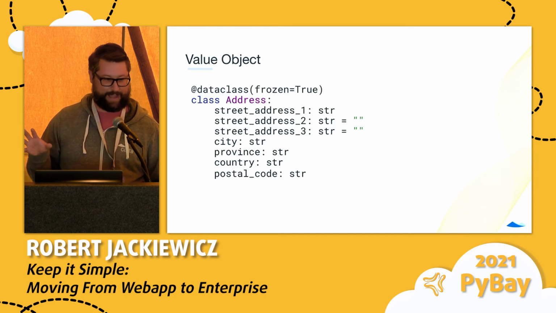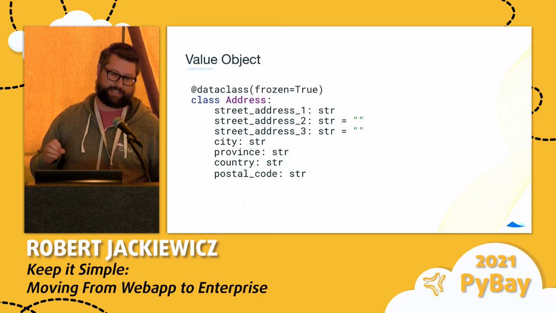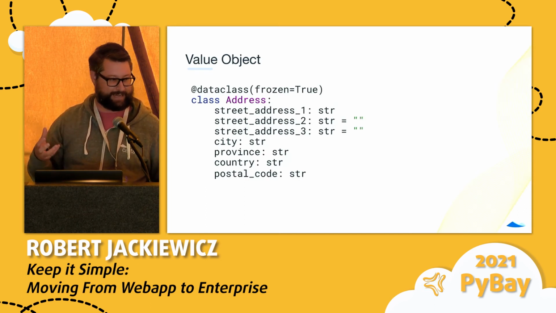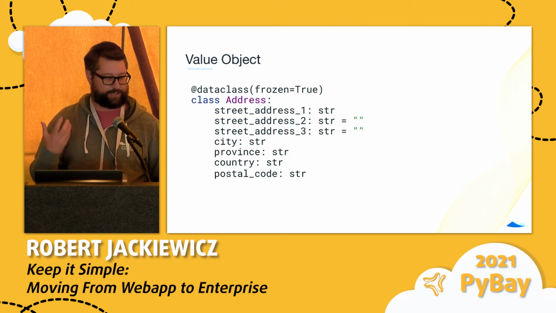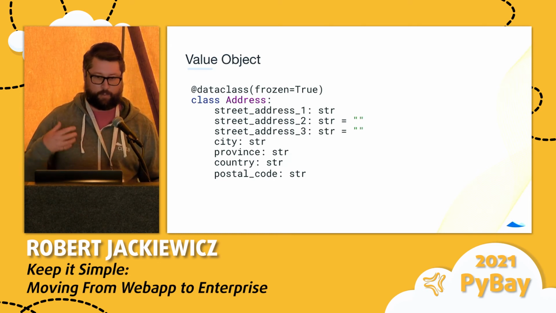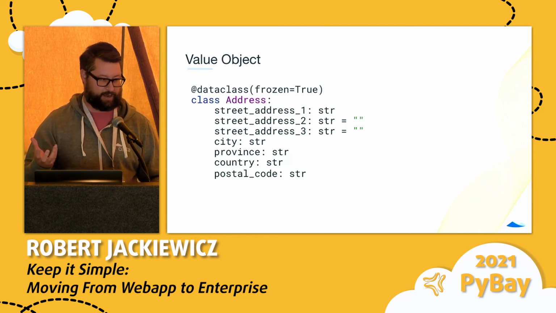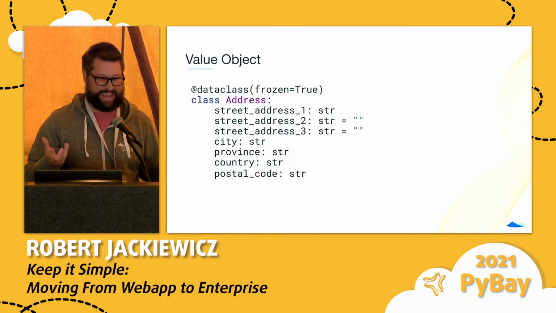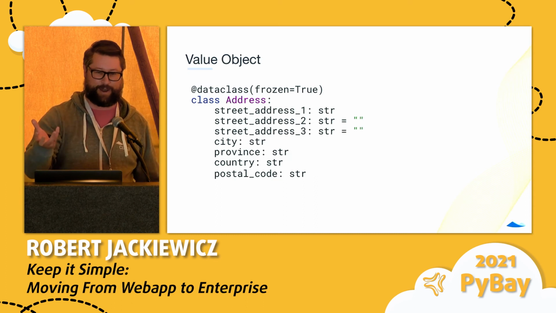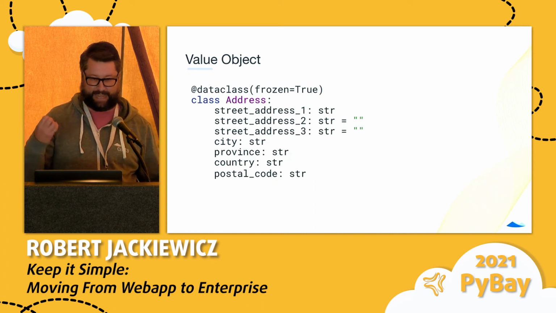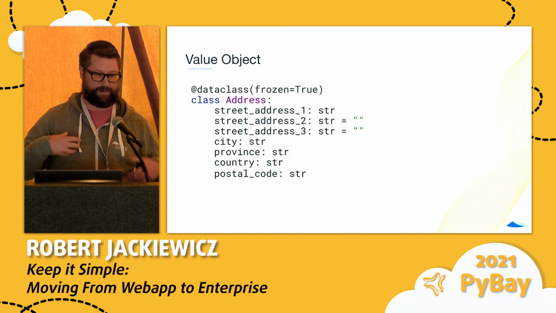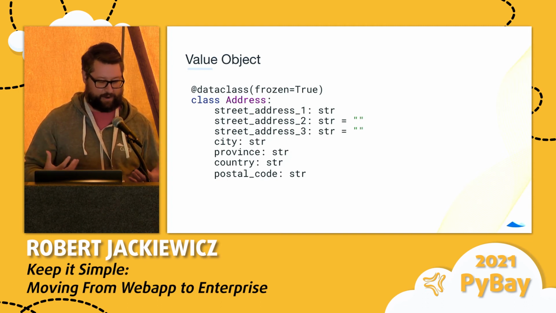So first, we have value objects. Wouldn't it be nice if we just use very simple data types to actually do attributes on our objects? So we know how we use strings, we know how we use integers. So when we change an integer on an object, we don't mutate it. We just throw the old one out and put a new one in. Couldn't we do that with data objects that are more complex, that provide meaning? So I have here value objects.